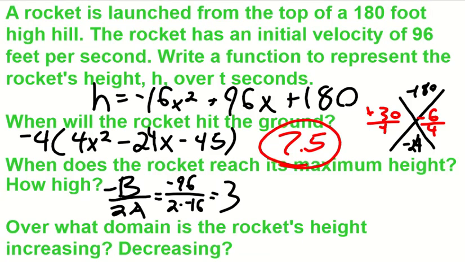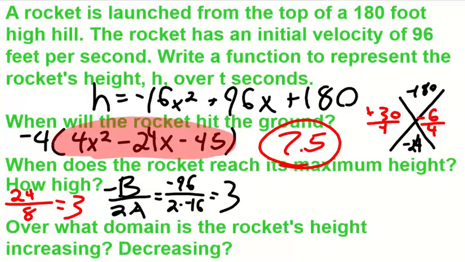Now, just to show you, this part here, if I did it with that and put my opposite of B, that'd be positive 24 over 2 times A. 2 times A is 8. You got 24 over 8. That still gives you 3. So if you use the factored out version, sometimes that'll be easier numbers to work with, okay? Just be aware.